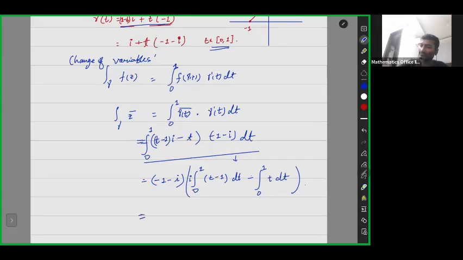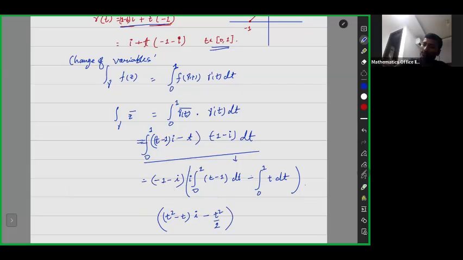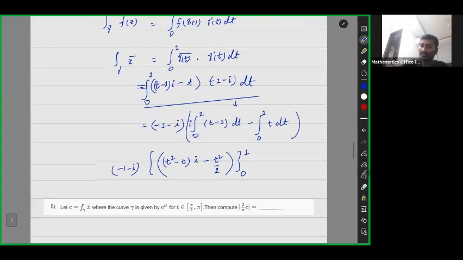What it will become: t squared minus t, times i, minus t squared by 2, and outside is minus 1 minus i, with t varying from 0 to 1.